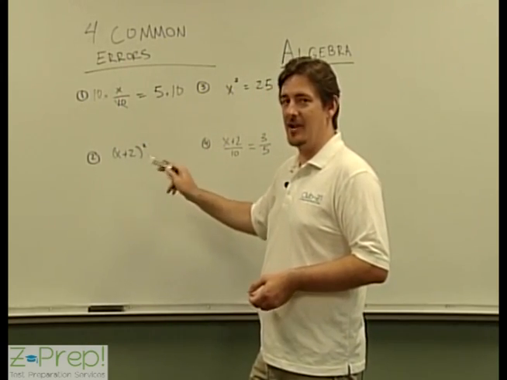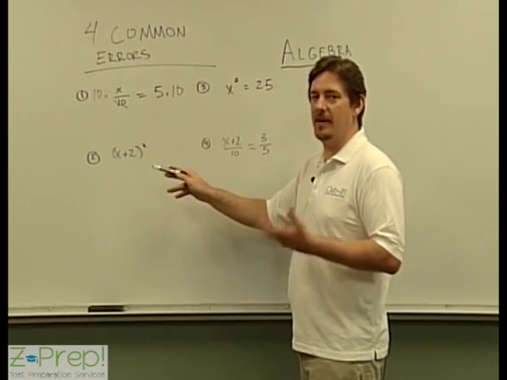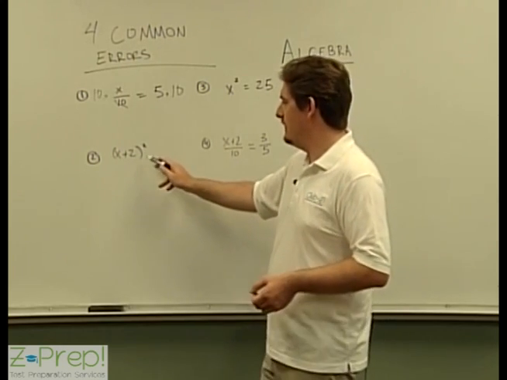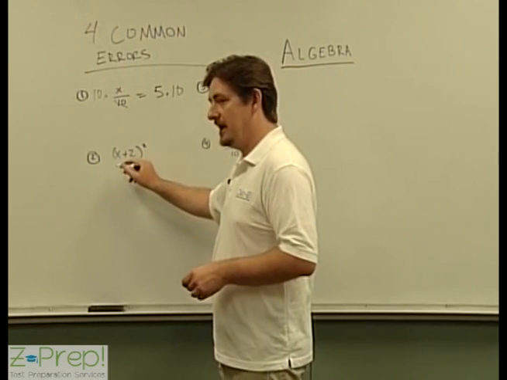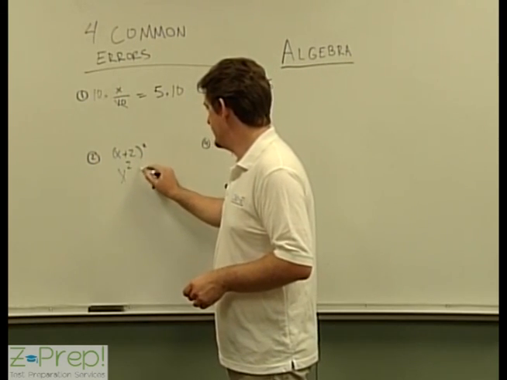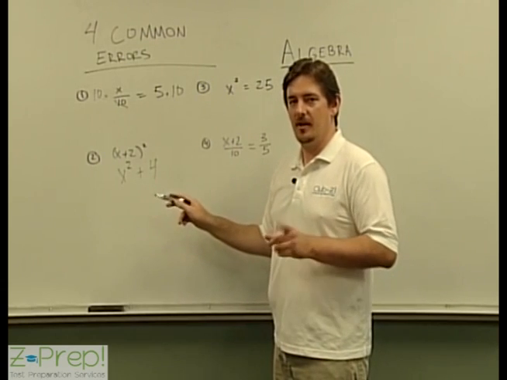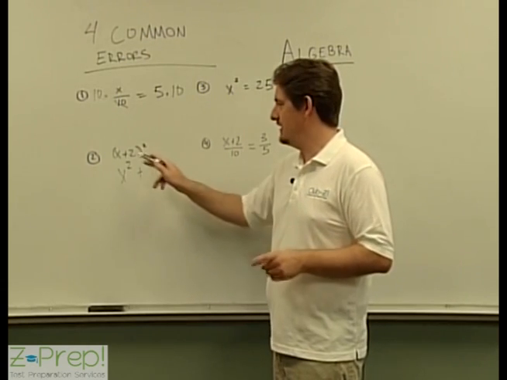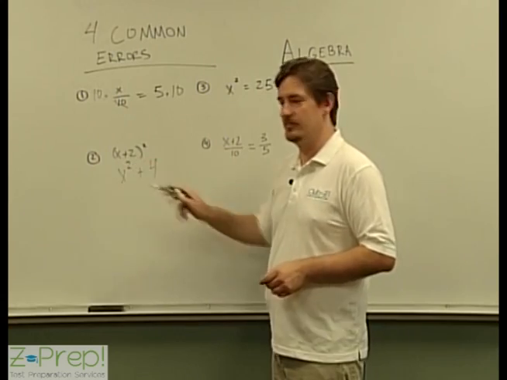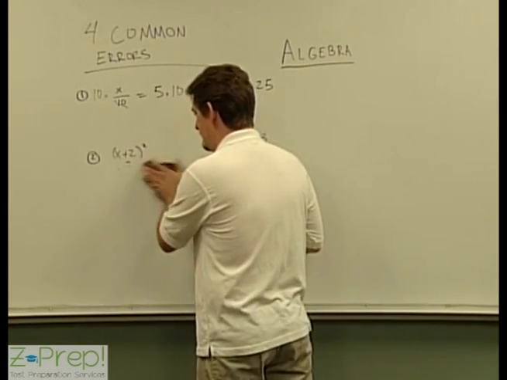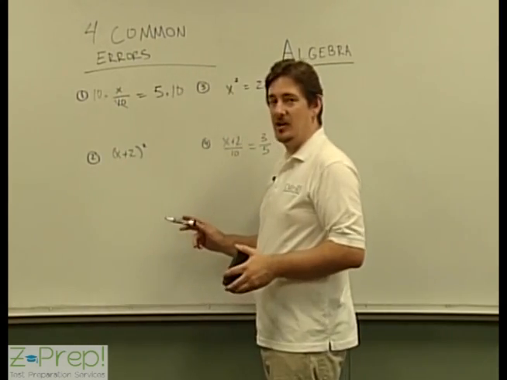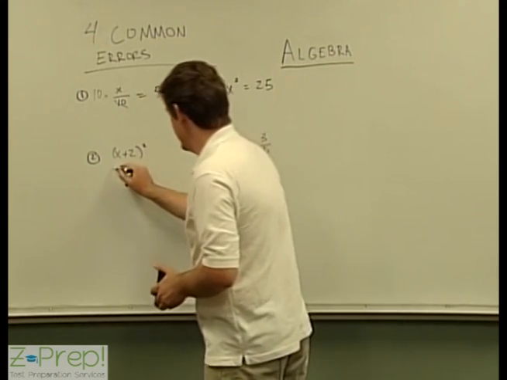This is actually what I would say is the most common error in algebra. Many people will multiply it in as x squared plus 4. But really, there are two x plus 2 terms, so you need to take into account the middle numbers.